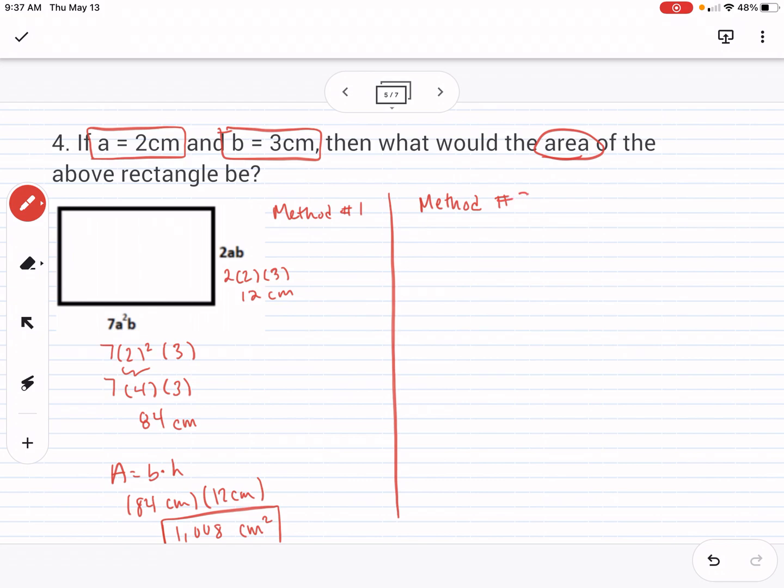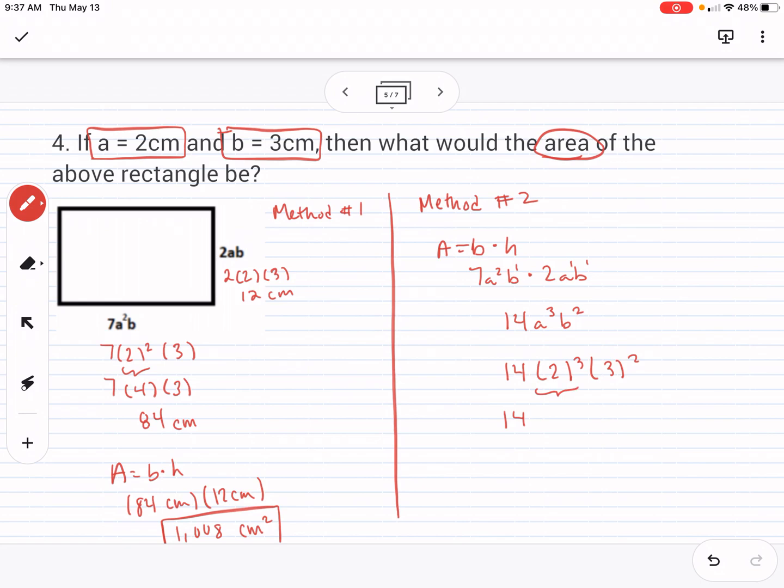Method number 2 would be to use the answer we got in the previous problem. So remember, we knew area was equal to base times height right away. So right away in the other problem, we did 7a squared b times 2ab, and that came out to 14a cubed b squared. This is the same answer from the previous problem. So once you have that answer, then you could plug in for a and b and work it out that way.